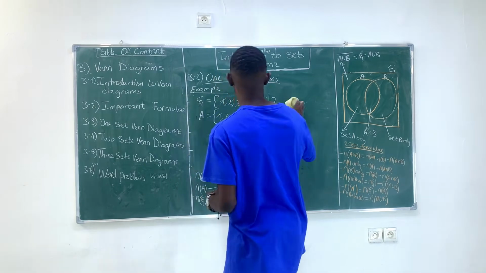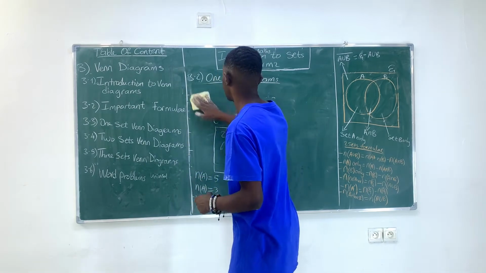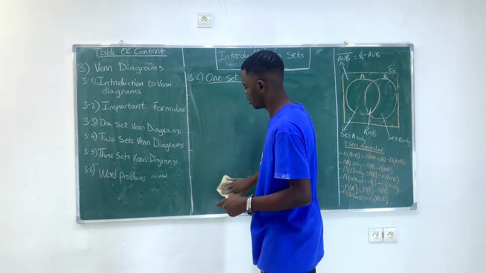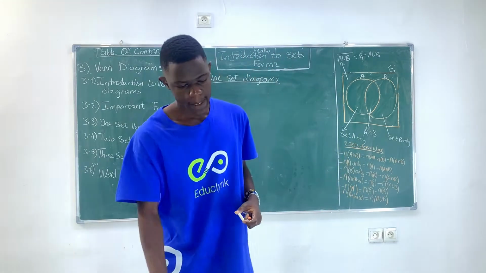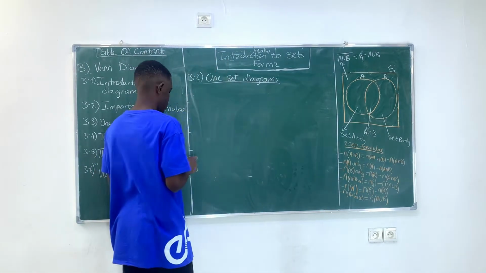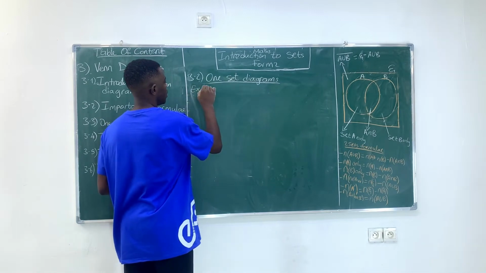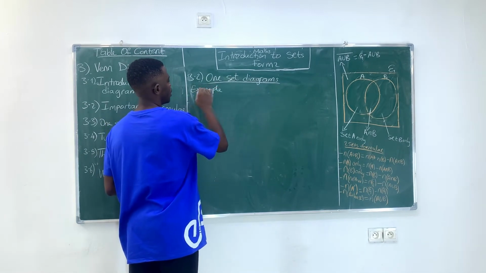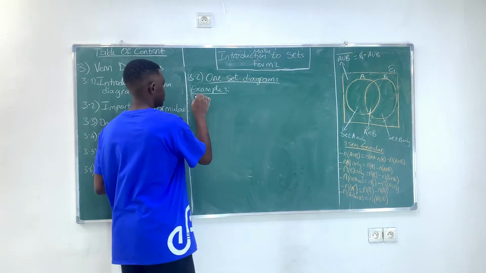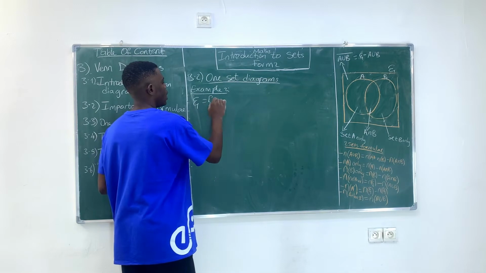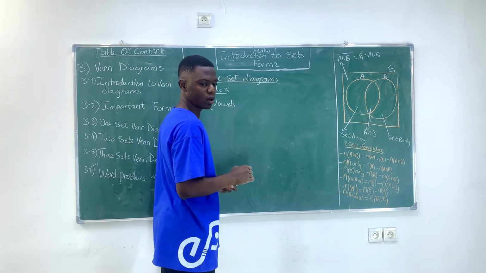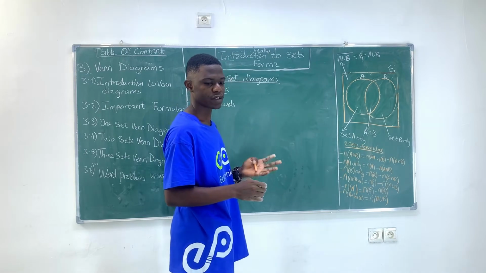Let's go to the next example. For example 2, we have our universal set as vowels and first part letters too.